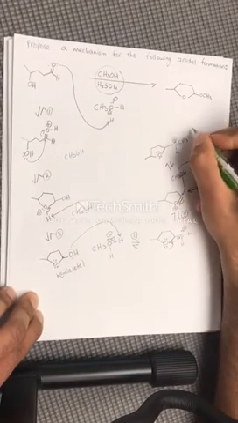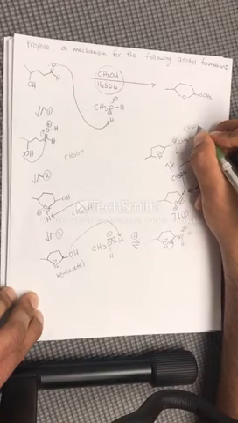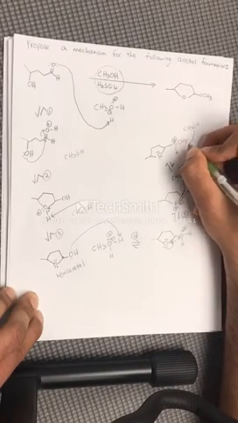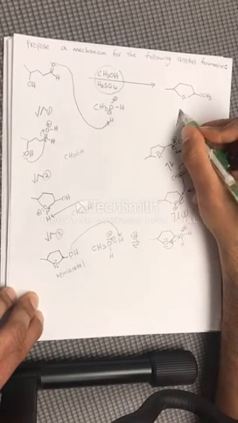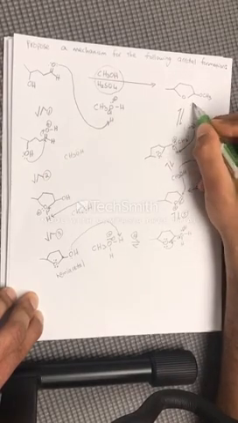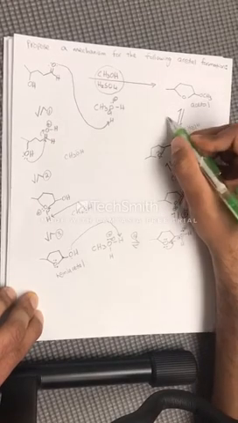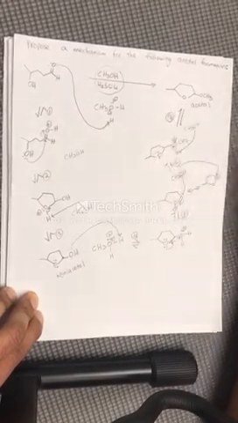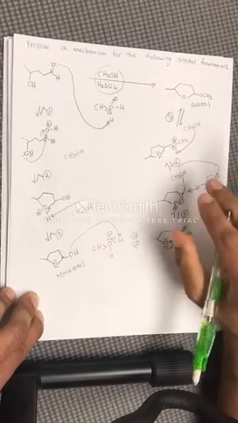Next, the methanol will deprotonate this, and you get your acetal. This is step 6. Step 7. This reaction will always occur in 7 steps.